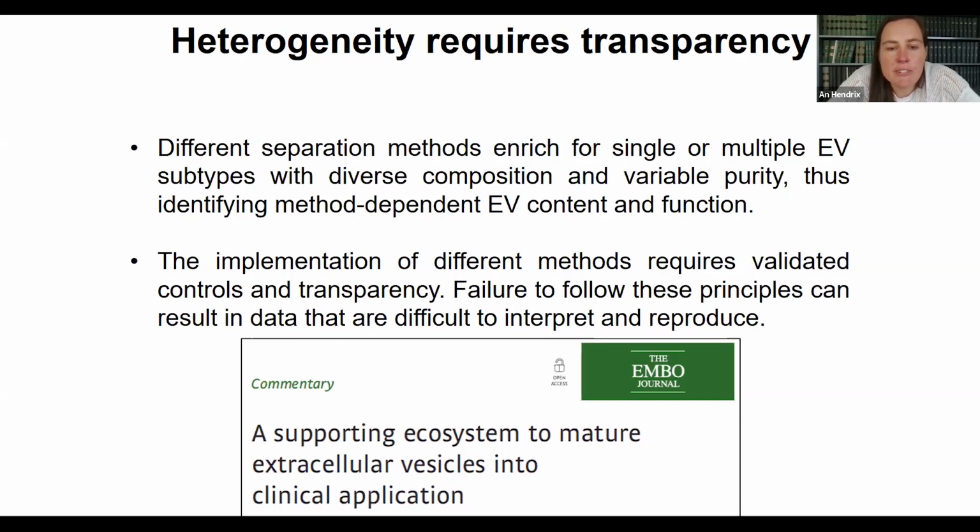Nevertheless, if we use different types of methods and protocols, it's very important that we transparently report on these protocols so that compositions, biomarkers, functions that we identify at least can be reproduced by other researchers in the field.